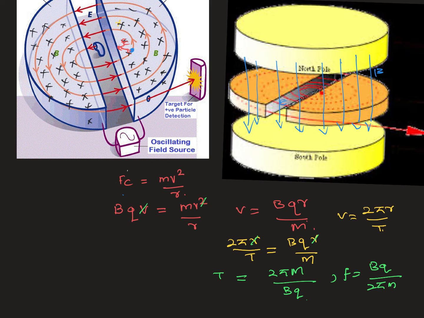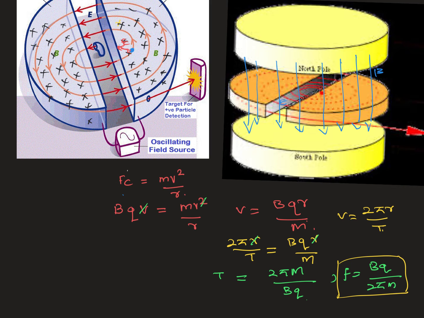So this is the most important equation in the cyclotron. Why? Because the oscillator is what provides the electric field, and its frequency should be equal to the frequency of these circles, so that f is equal to BQ over 2 pi m.